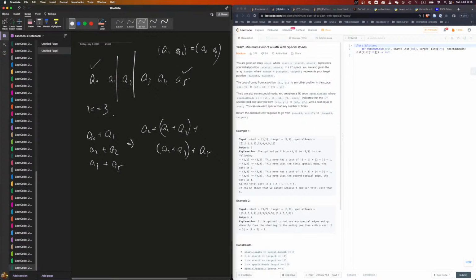So, I mean, basically, wait, can we reuse Dijkstra? So we have the positions, right? This one we start from 1, 1, we need to go to 4, 5. 1, 2, 3, 4. 2, 3, 4, 5. Okay. And every single position is a member, right?